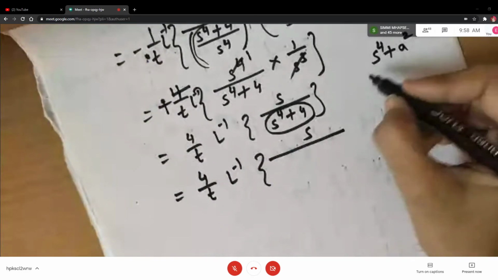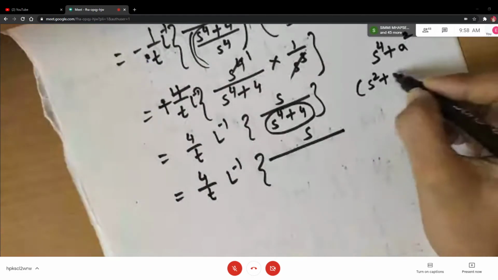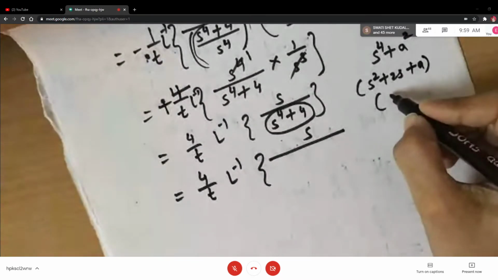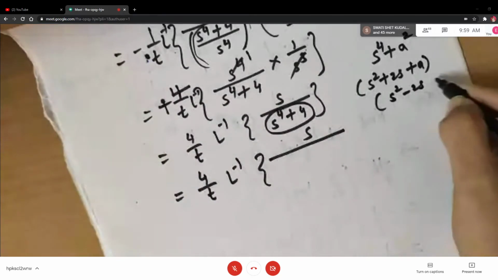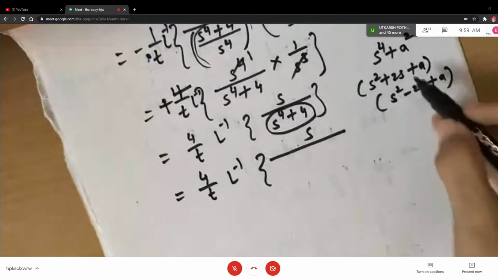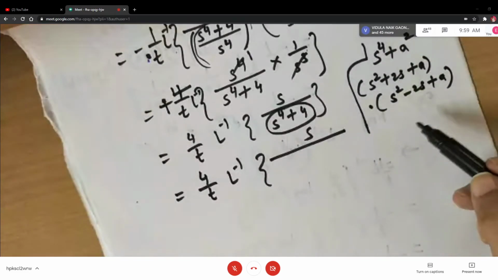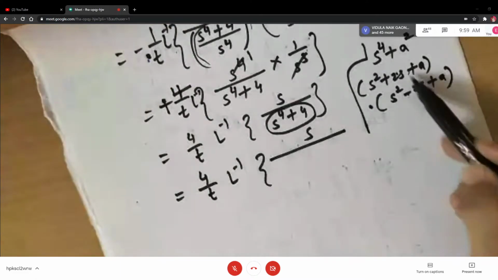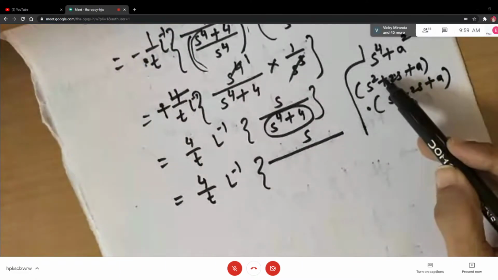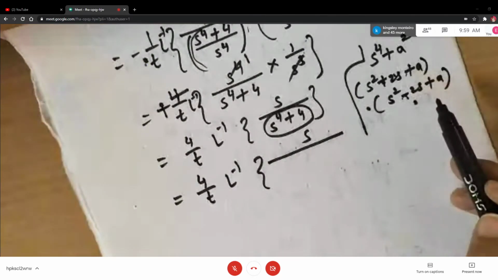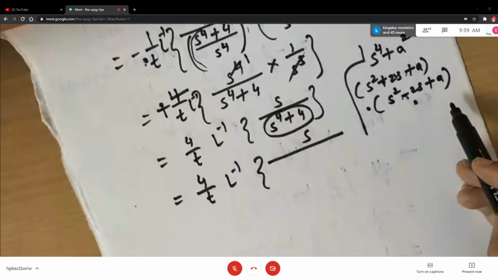Then you can write this formula as s square plus 2s plus a into s square minus 2s plus a. It is multiplication. See how both brackets are equal. Only thing is the second term is positive here and here second term is negative. So if you multiply these two brackets, you can verify what you get.